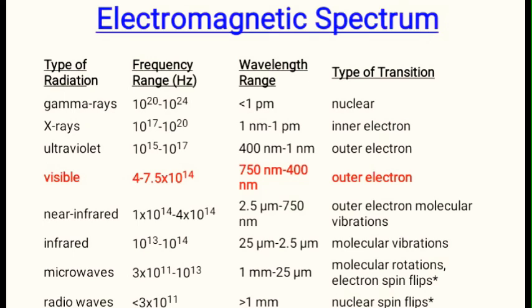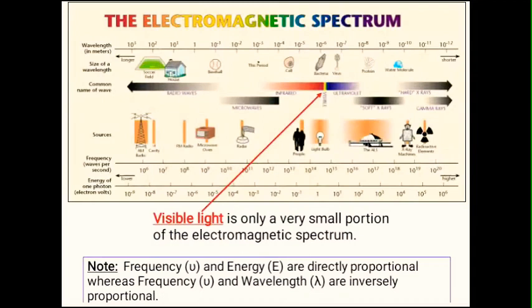The diagrammatic representation of the electromagnetic spectrum you can see on the screen, which I have shown by the arrow. Visible light is only a very small portion of the electromagnetic spectrum, the narrow space between the red and violet colors.